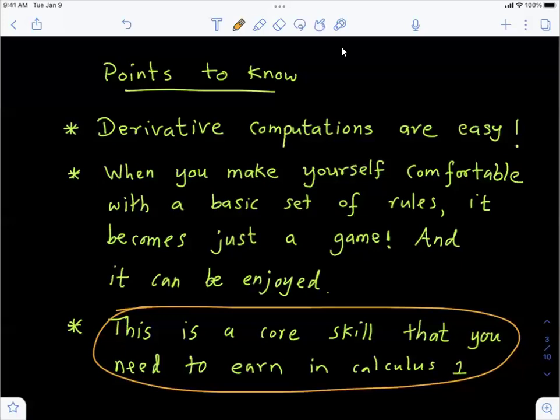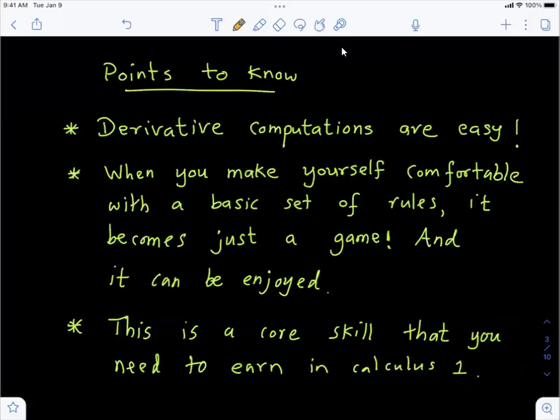If you do that, anything in calculus 1 can be understood well once you start from this particular point. So this is a core skill that you need to earn in calculus 1. How important is it? It is the most important component. You need to know the derivative computations.